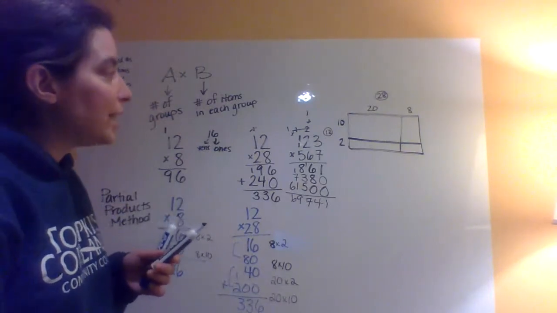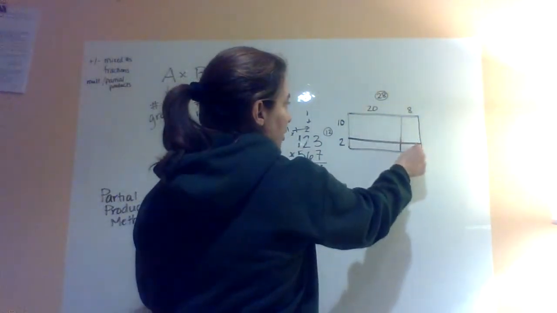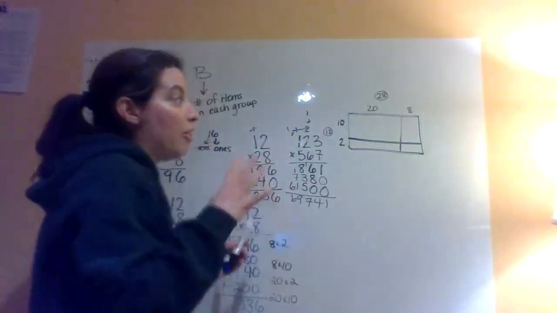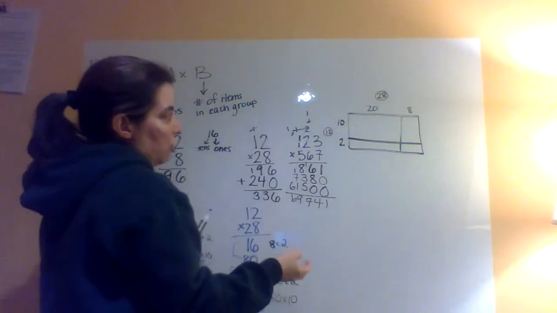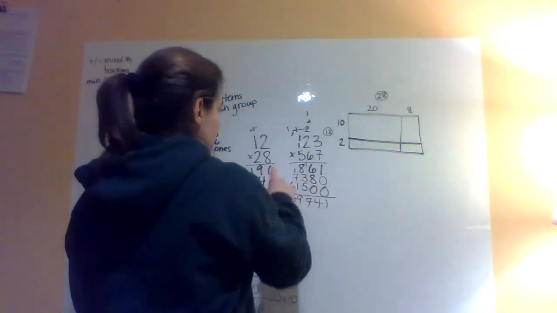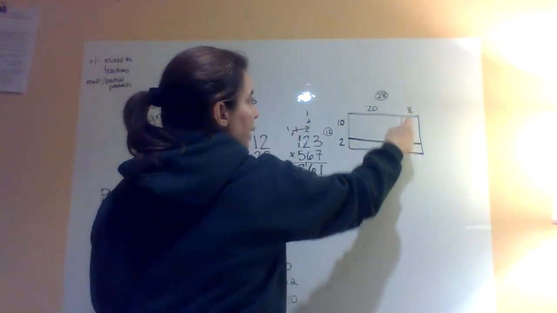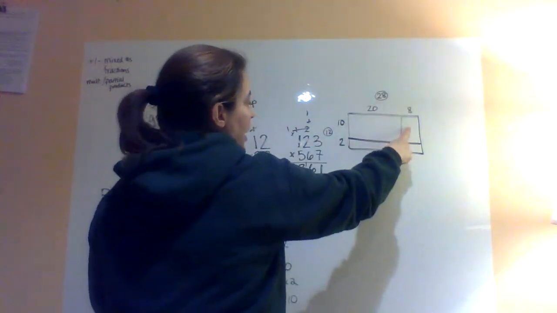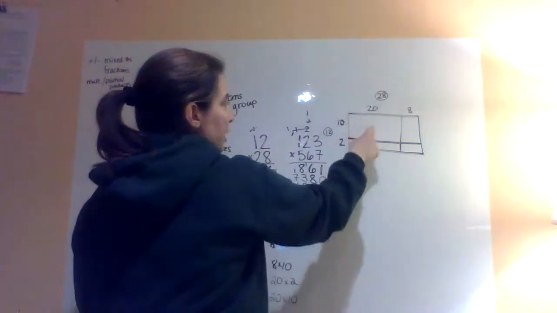Well, I can still multiply each of these parts together and then I can add them up. This is really what's happening when I'm doing partial products. First I'm saying 8 times 2 and then 8 times 10. And then I'm saying 20 times 2 and then 20 times 10.